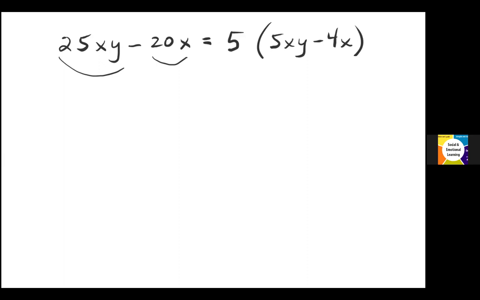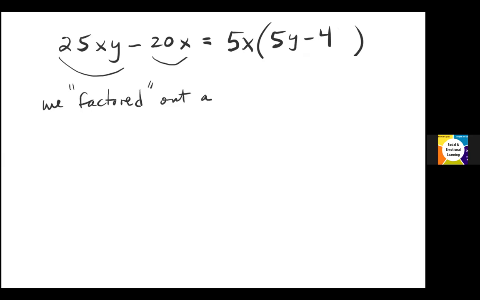We could also take the x out, right? X is a variable that they both share. So I could write x and take this x out. I'm just going to rewrite this as 5y minus 4. So this is the opposite of the distributive property. This is factoring. We factored out a factor of 5 and an x.